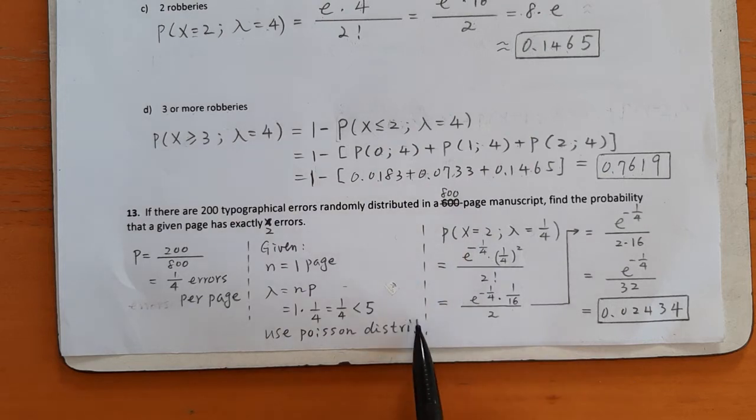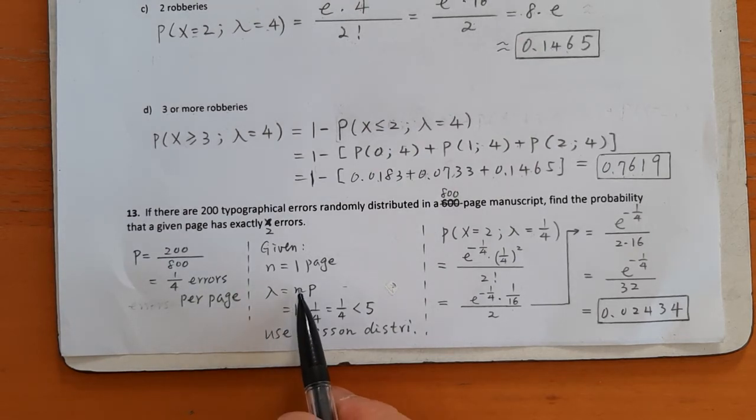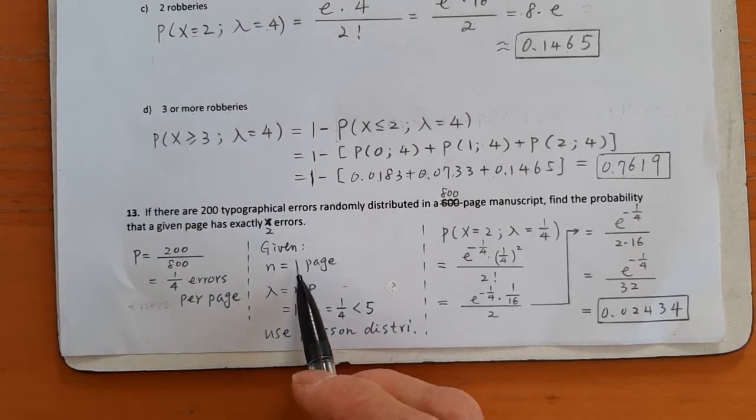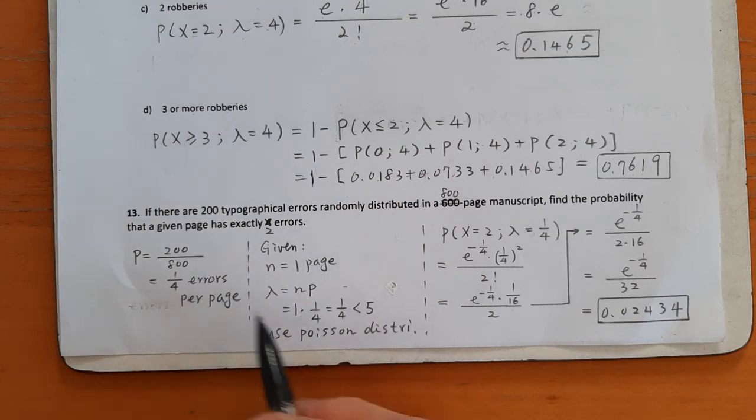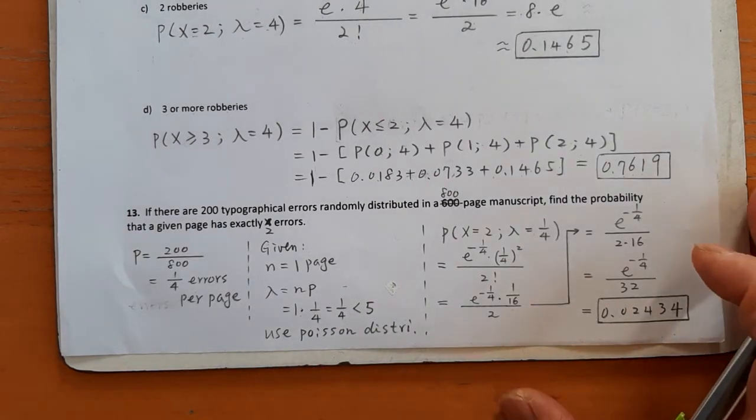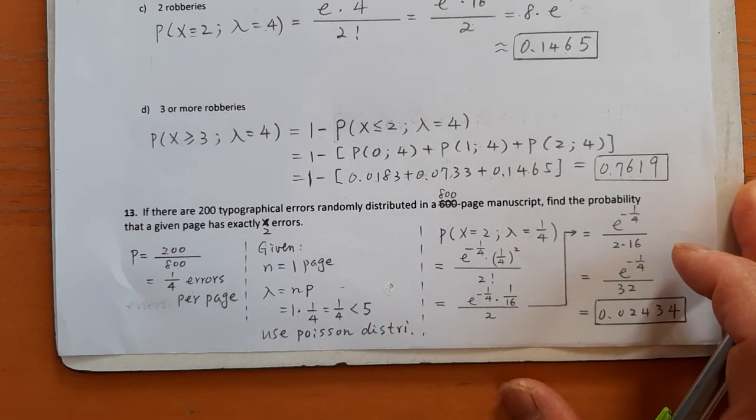Now we use the Poisson distribution because you check n times p. n is 1 page, p is 1/4, very, very small, less than 5. So we use the Poisson distribution to approximate the binomial distribution.